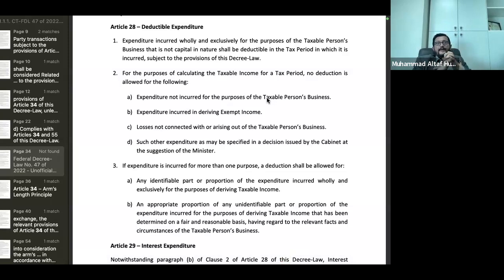If they don't want to audit, then we have to advise them that, since you're not auditing, from an FTA perspective, if you have sufficient appropriate audit evidence, which is the lingo of the ISAs, then they will accept it. So provide us sufficient appropriate evidence that this expense was incurred for the purposes of business, wholly and exclusively.